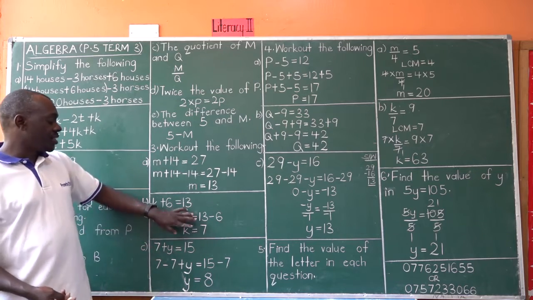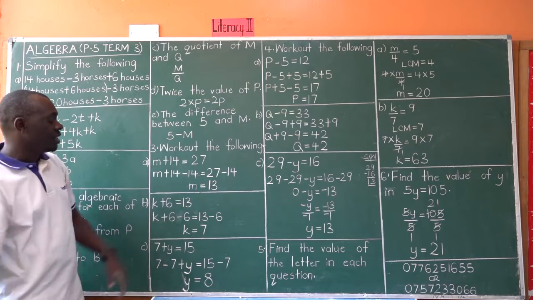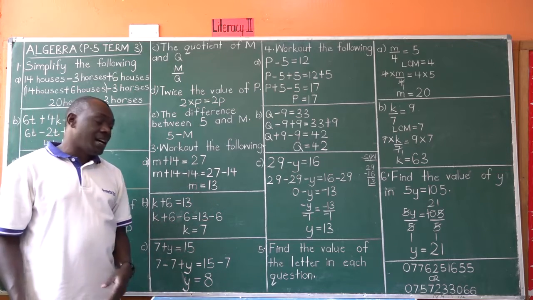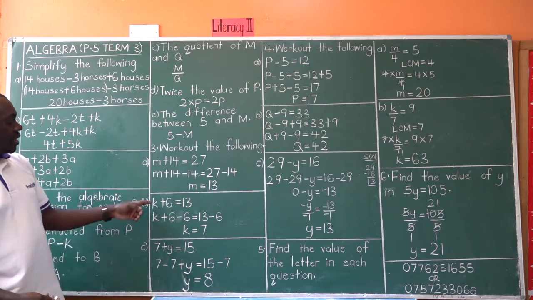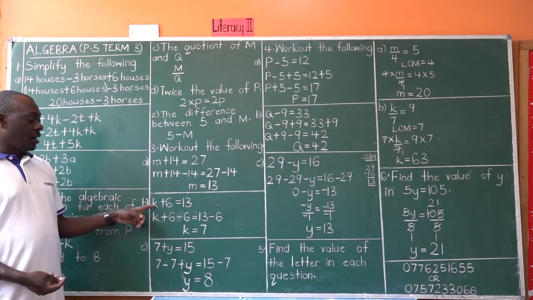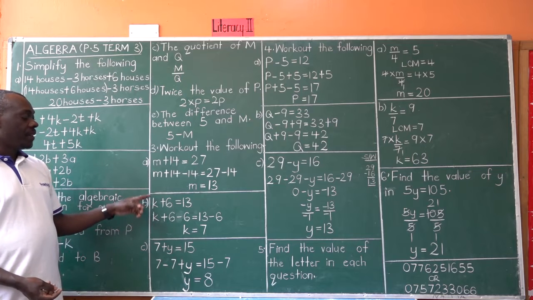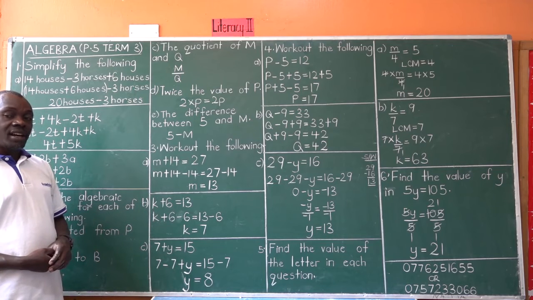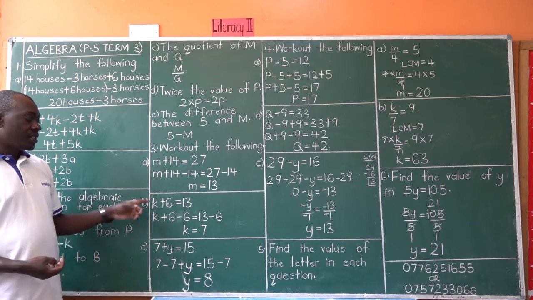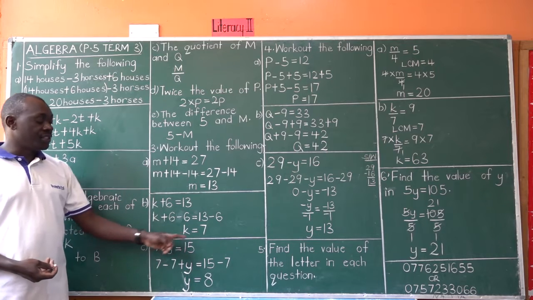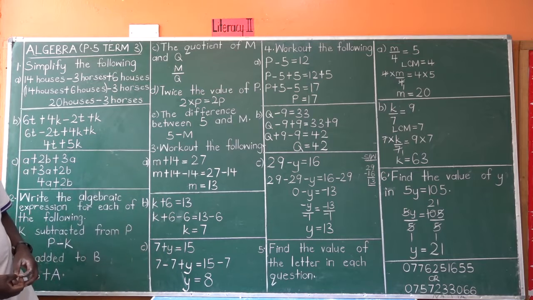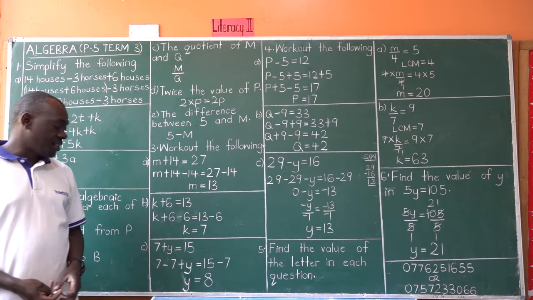Where 6 minus 6 is a 0, remain with k this side, and now 13 minus 6 you get 7. So k value is 7. Check: put a 7 and see. 7 plus 6, add properly, 13. So therefore the value of k is indeed 7, and no one will come and cross that.